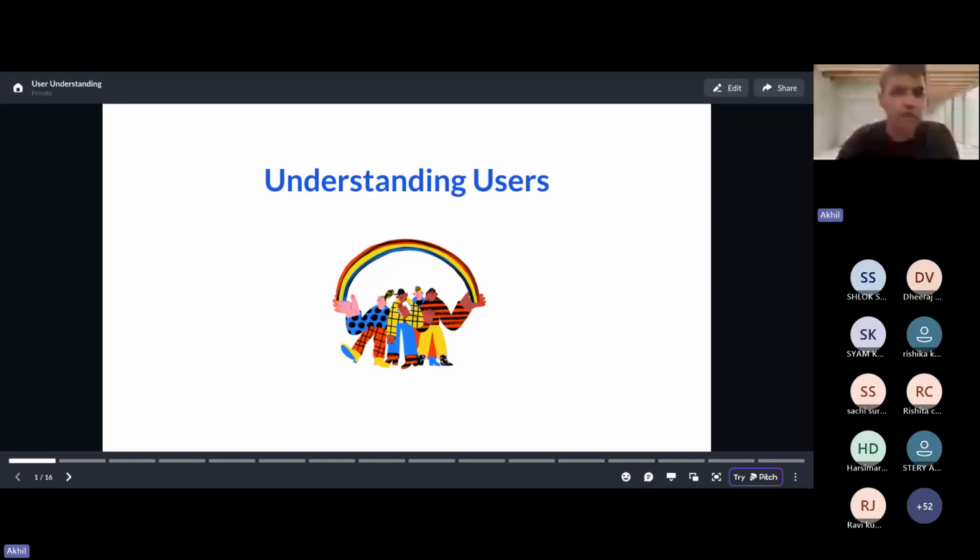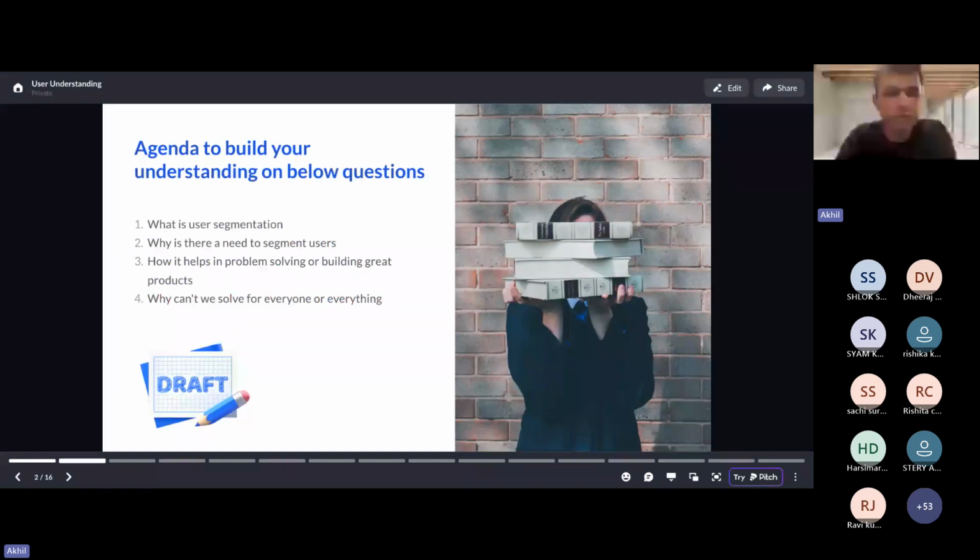Okay, so folks, in today's session, we're going to deep dive into what user segmentation is, why it is important to understand it, and why there is a need to segment users. We might touch upon why understanding your segment could be the key to building great products, at least products which would be accepted in the market.